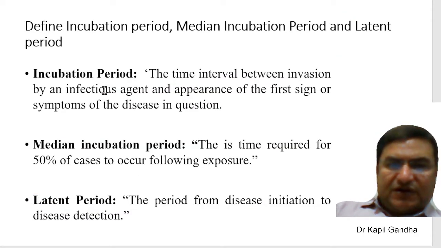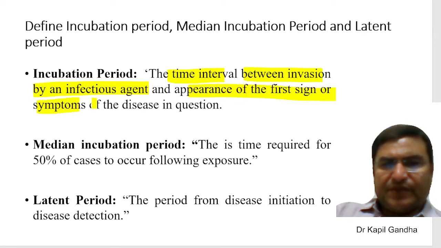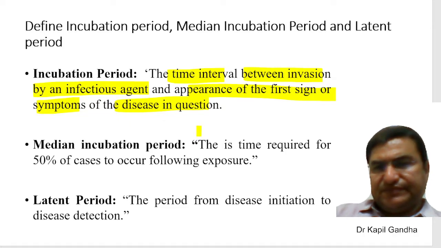What is the definition of incubation period, median incubation period, and latent period? The incubation period is the time interval between the invasion by an infectious agent and the appearance of the first sign or symptom of the disease in question. For example, in case of measles, the incubation period is 10 days.